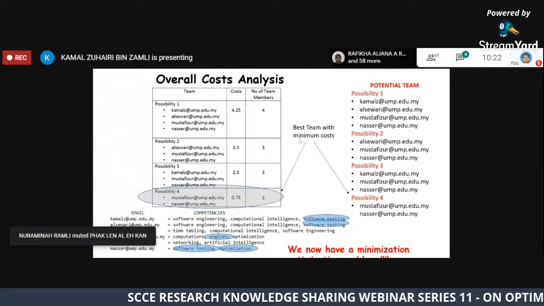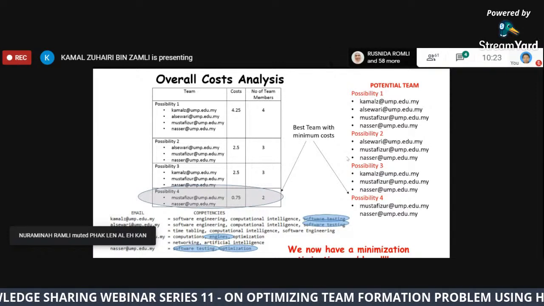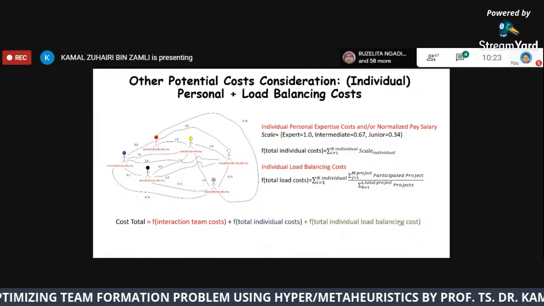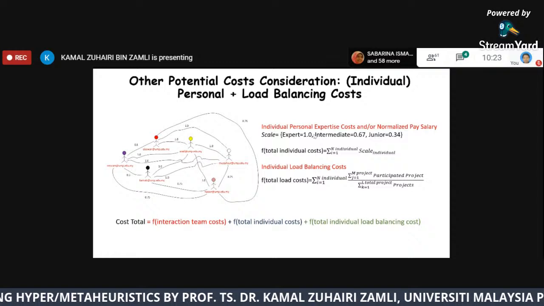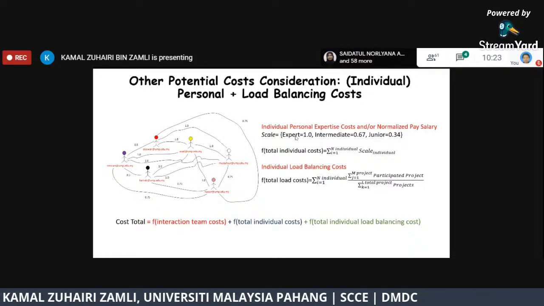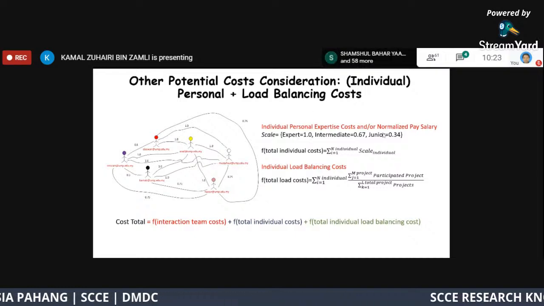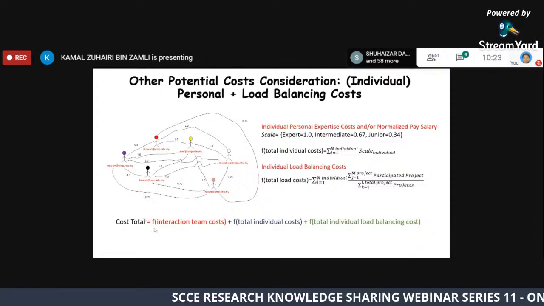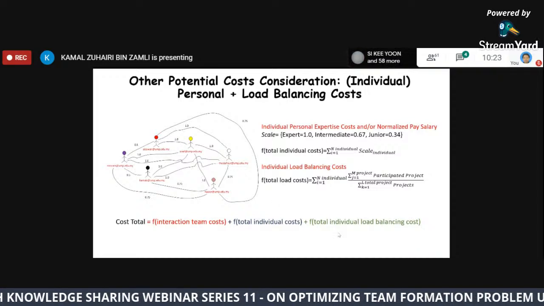Now, there are a number of possibilities we can look into. For example, you can treat some of the team members differently with different costs. For example, for the skill of an expert, you can put higher costs. Maybe for a junior, you can put lower costs. So in this model, you can have total cost as interaction cost plus individual cost plus individual load balancing cost.